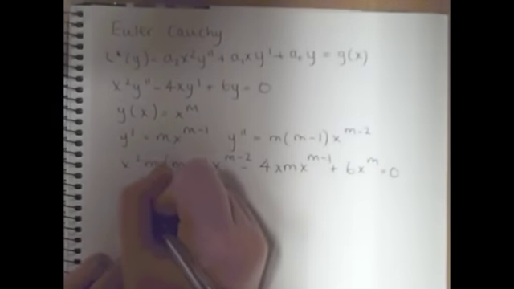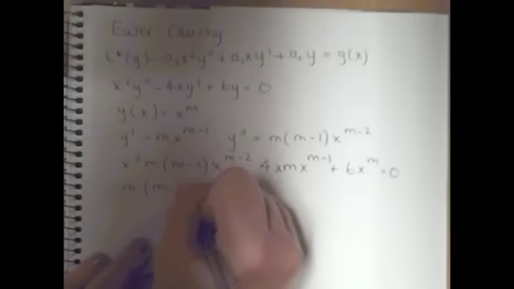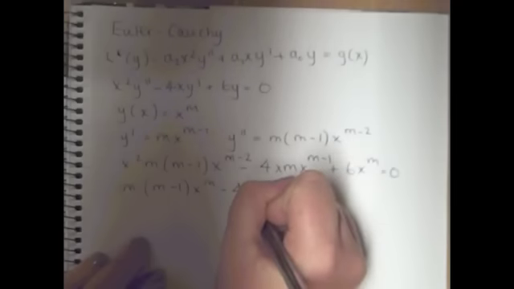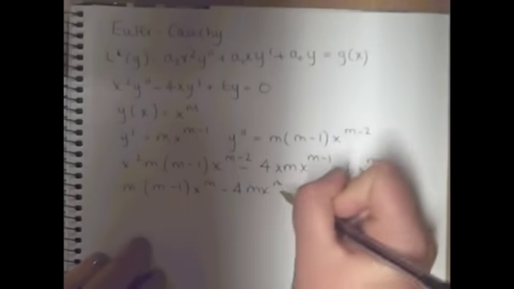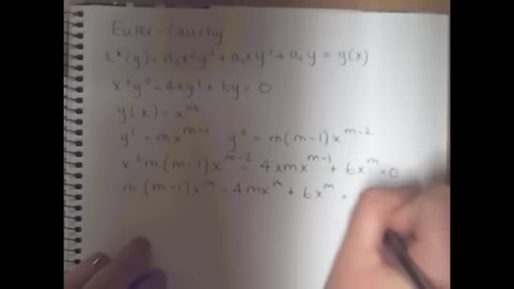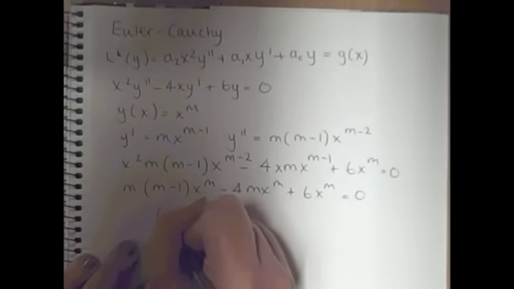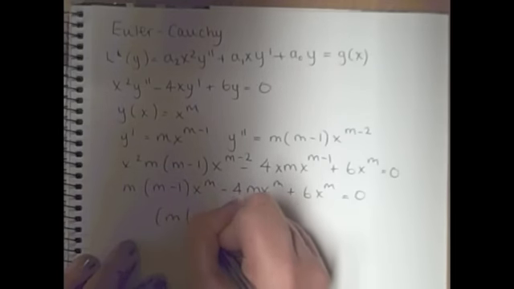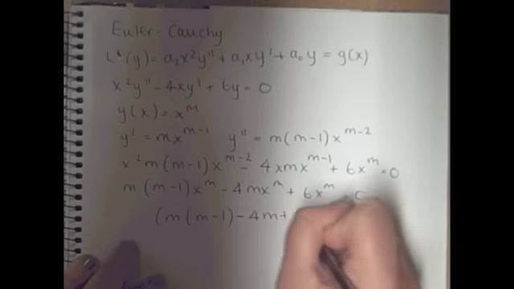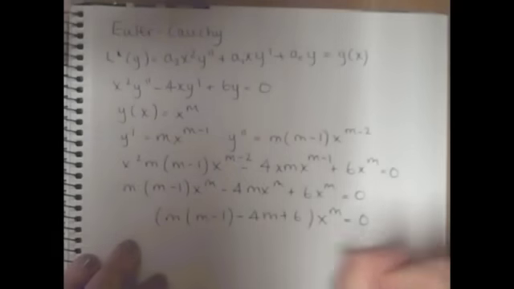This cancels down to m(m−1) x^m − 4m x^m + 6x^m = 0. Again, we cancel this down to [m(m−1) − 4m + 6] x^m = 0.